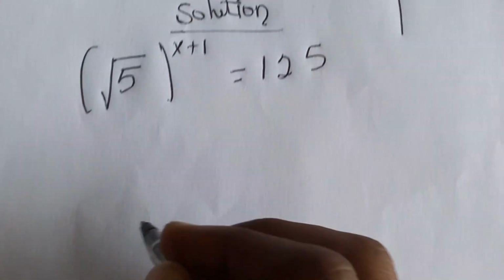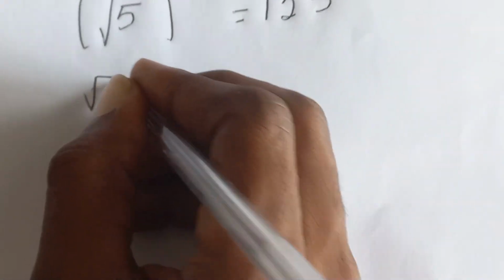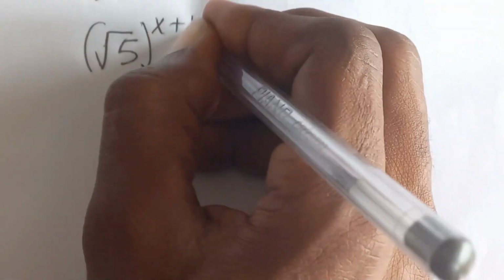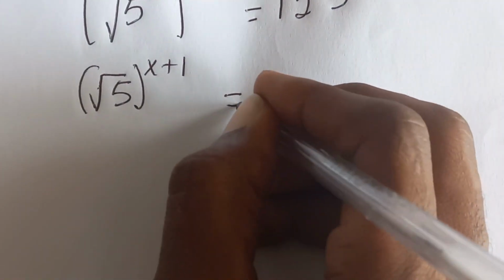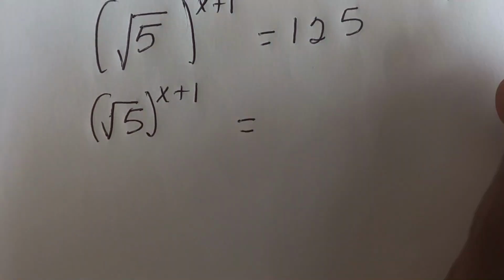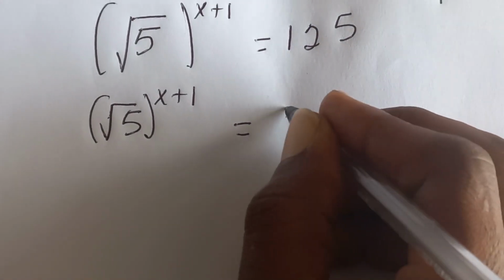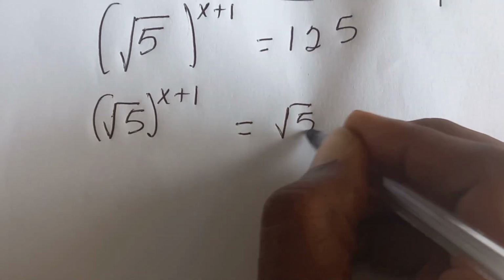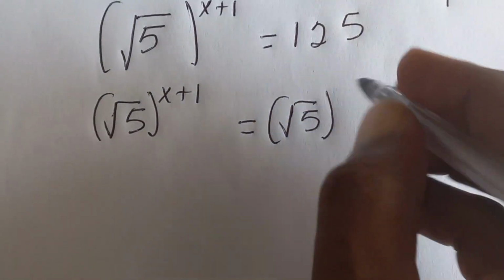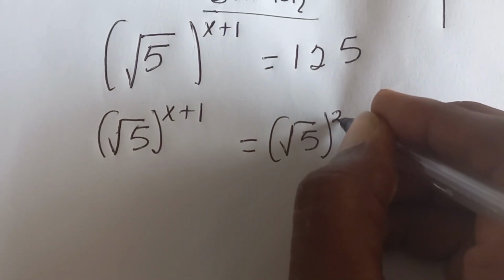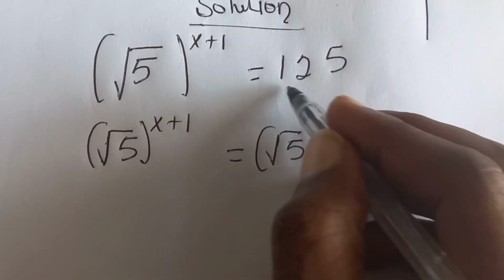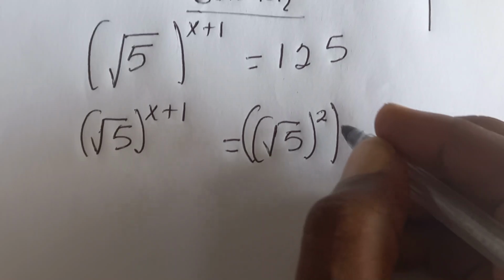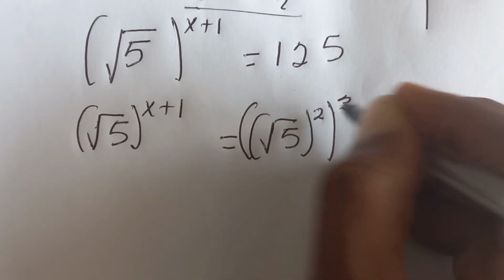So we are going to implement this here. Now we are having root 5 into bracket exponent x plus 1, which is equal to, now we write the 5, which was root 5 into bracket exponent 2. And don't forget it was 125, so into bracket exponent 3.